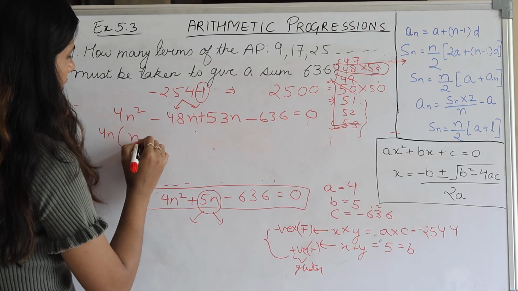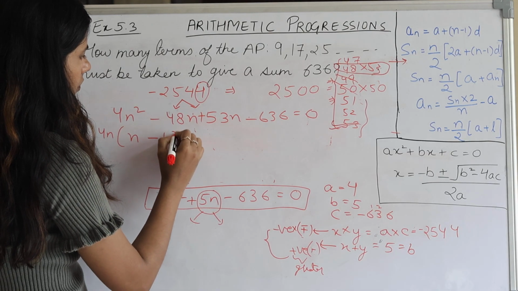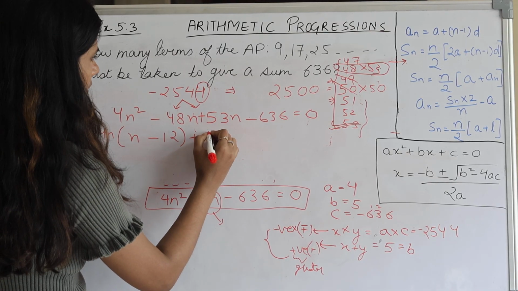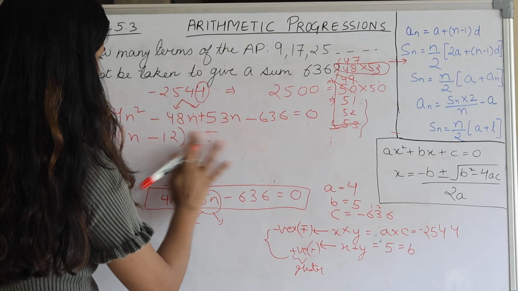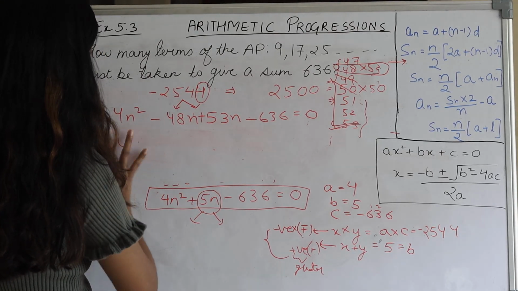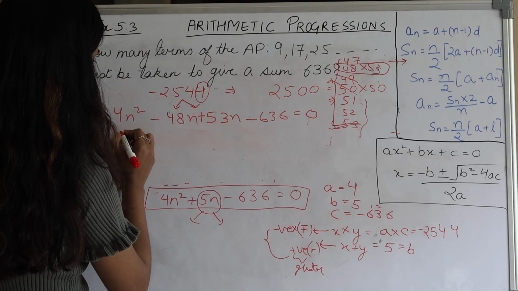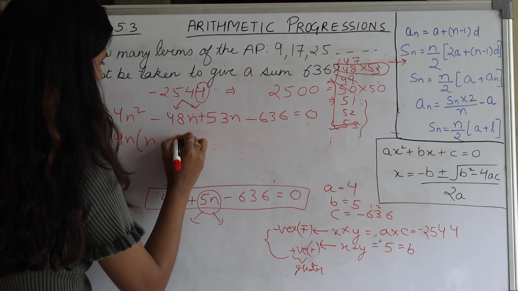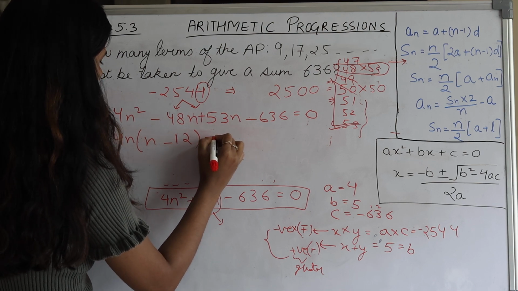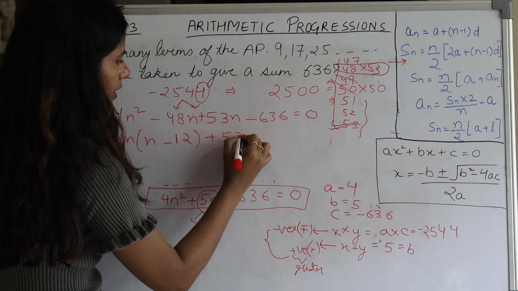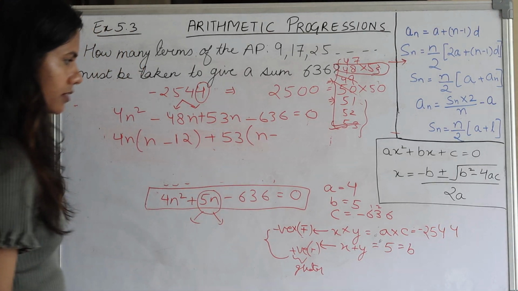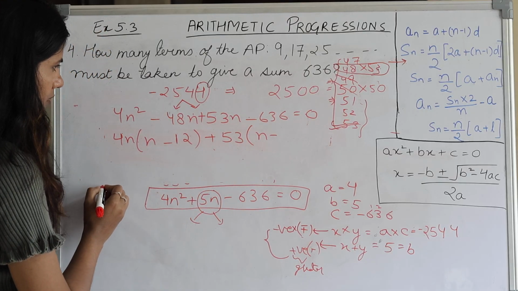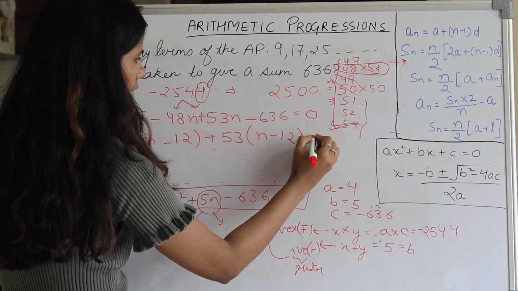So 4n minus 4 1 4, 4 2 8. Plus 53 n minus 53 into, mostly it will be 12 only.